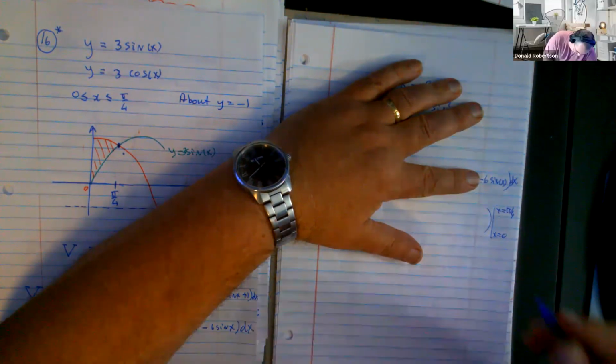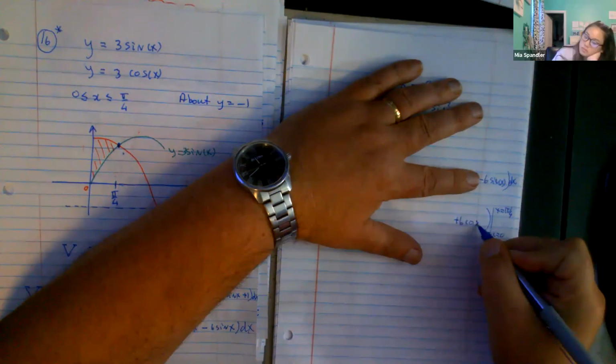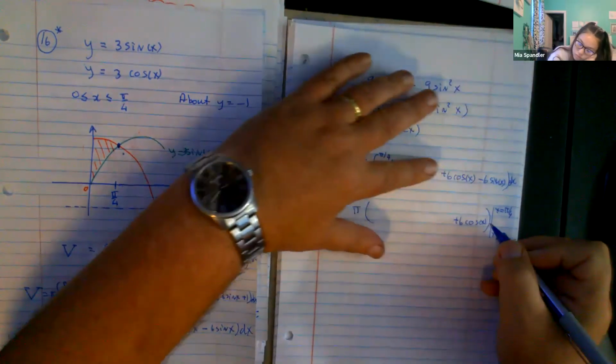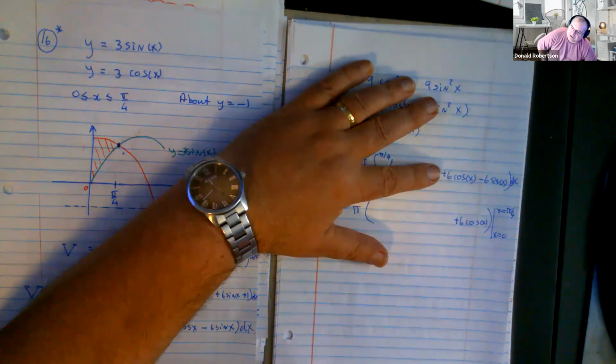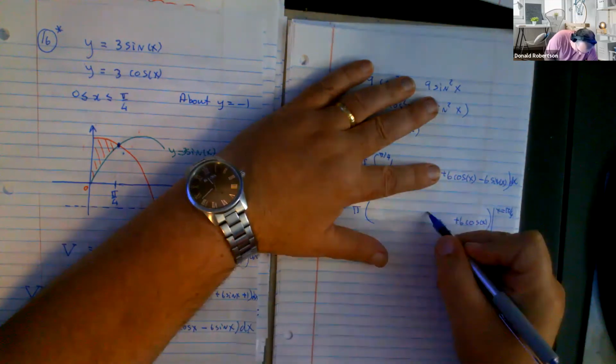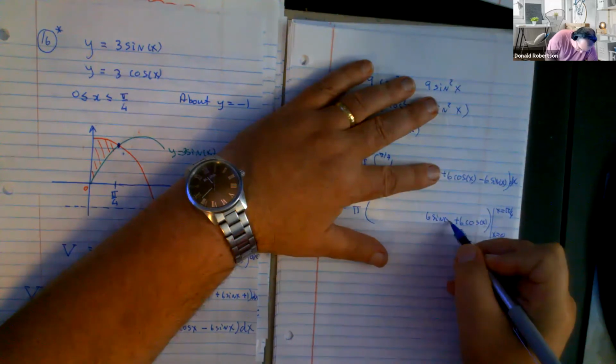There we go. What about 6 cosine x? Anybody want to have a shot at that? The antiderivative, right? That one is sine x. That one's positive, as you're right, sine x.